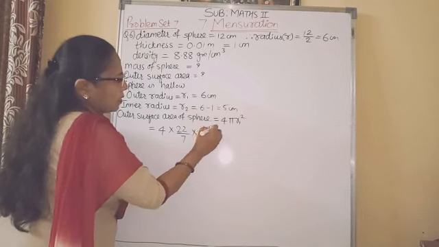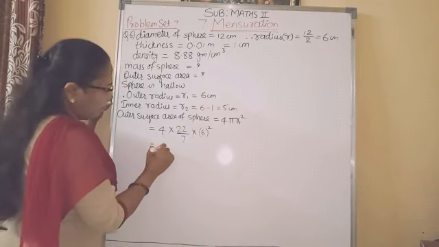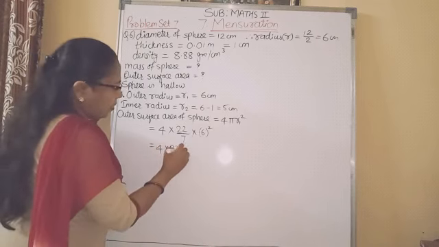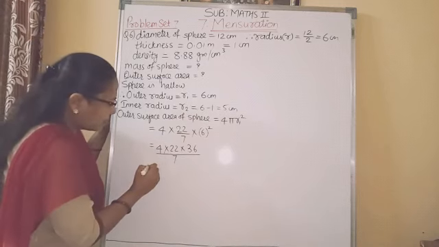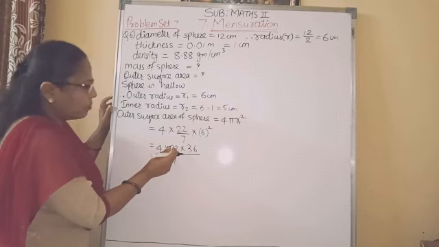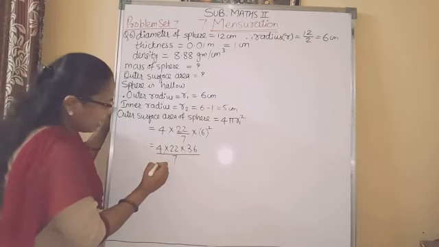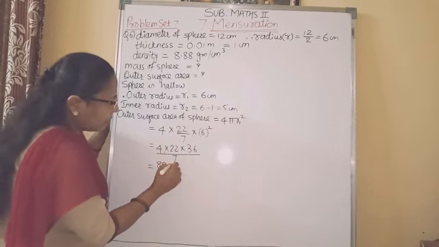So 4 multiplied by 22 multiplied by 36 divided by 7. If you simplify this, first multiply 22 by 4, 88, multiply by 36 divided by 7.